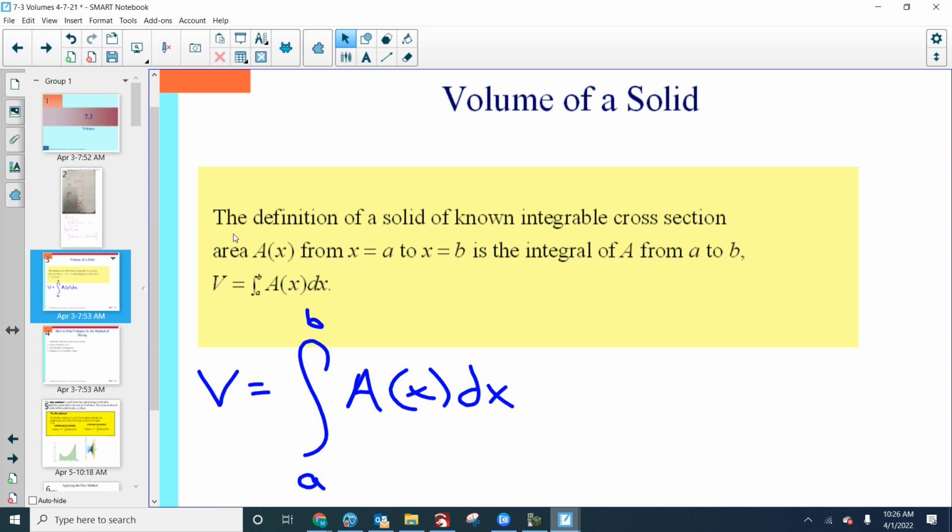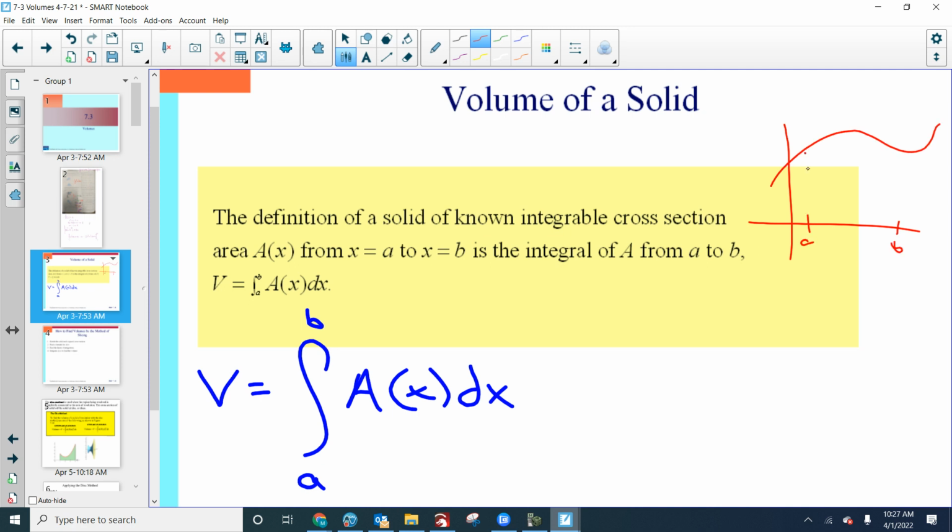Now, stay with me here. Riemann sums. What happens when you stack a bunch of rectangles side by side? Thank you. Someone said it. A to B. Stack a bunch of rectangles, what do you get? Area. Stack rectangles side by side: area. Stack areas: volume.